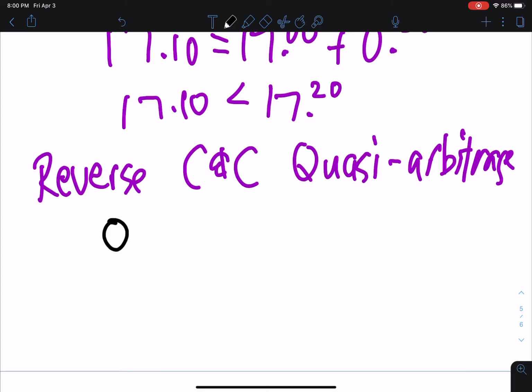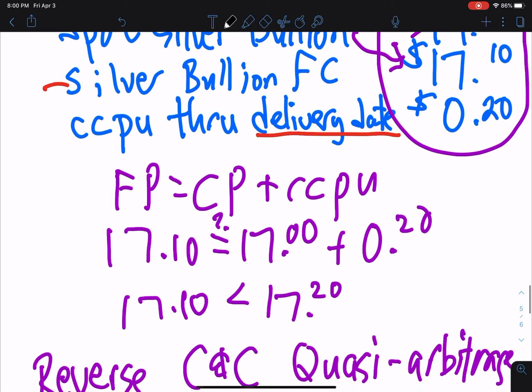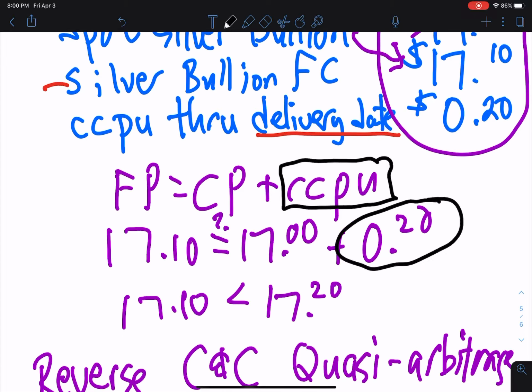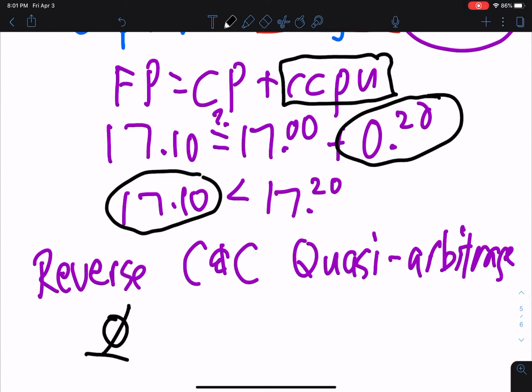Well, at date 0, it appears that the futures price is lower than it should be. If we're trusting our quants that the number of 20 cents is correct, then it appears that the 17.10 is too low. Well, the implication then is that in relative terms, the spot price is too high.